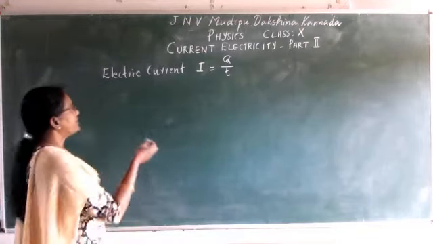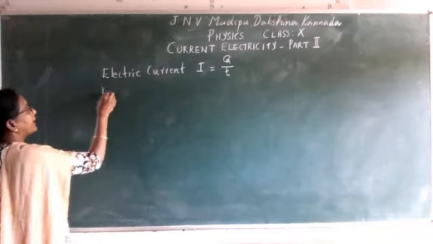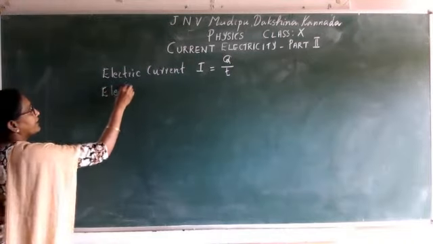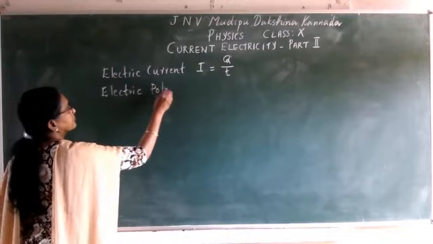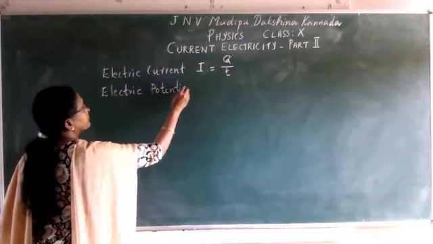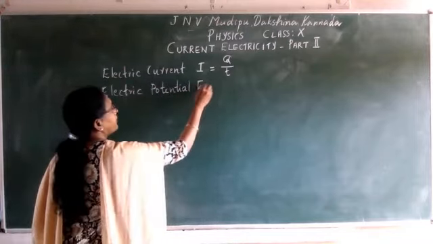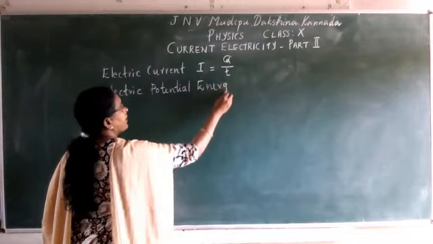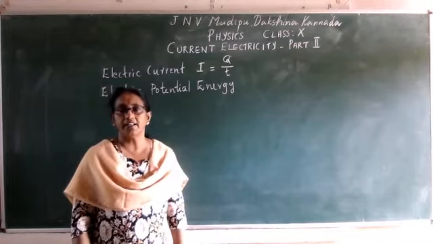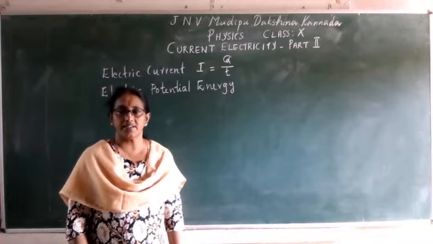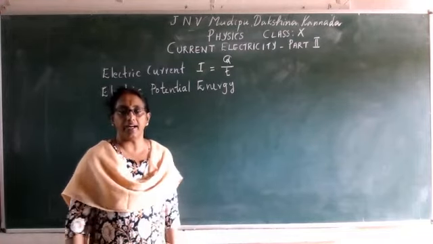And next we have defined electric potential energy. We have defined this as the amount of work done to bring a charge from one point to another.